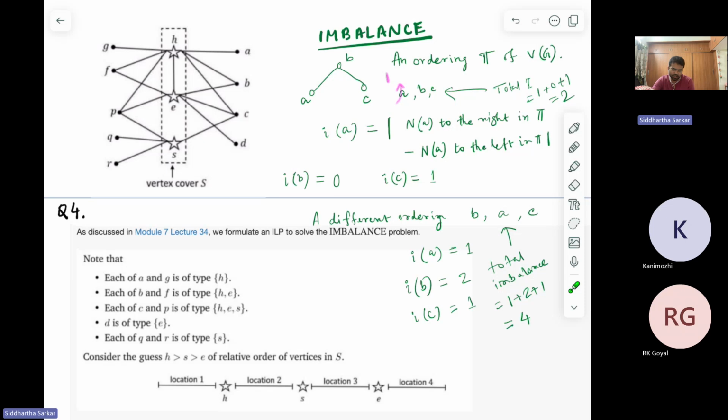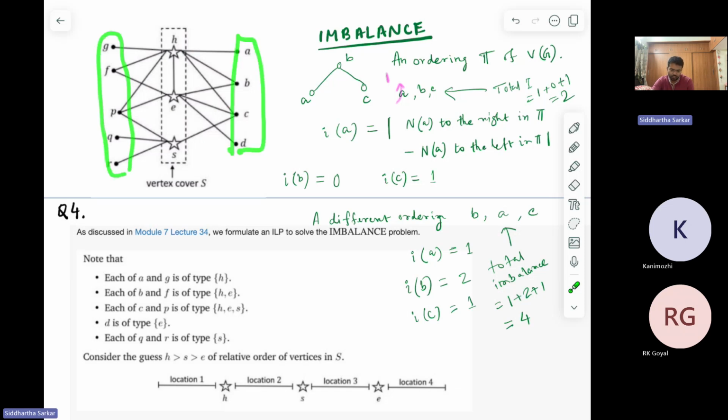So look at each vertex in the vertex cover. Let's say H. H is responsible for, so what is it? Okay, so H is connected to all these things, but that is not the point. The point is, you have to look at the rest of the vertices.